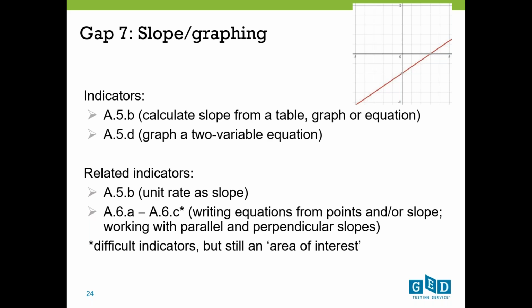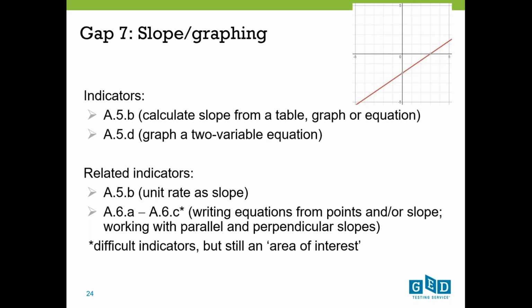There are two main indicators, A5B and A5D, and you can see in the parentheses what each one covers. There are also some related indicators, A5B, which is interpreting unit radius slope, and 8.6A, B, and C, which are purely algebraic manipulation.